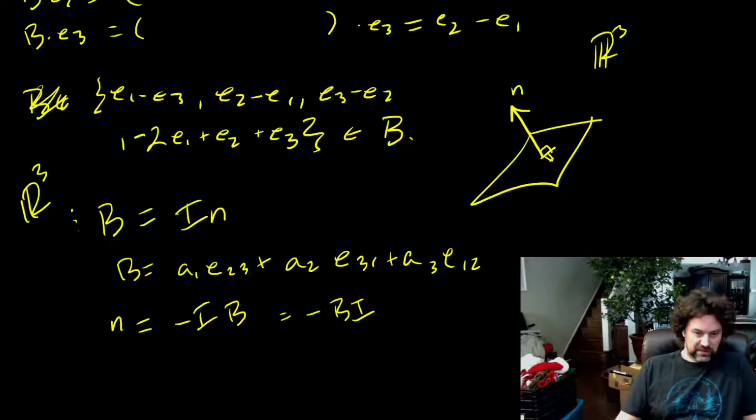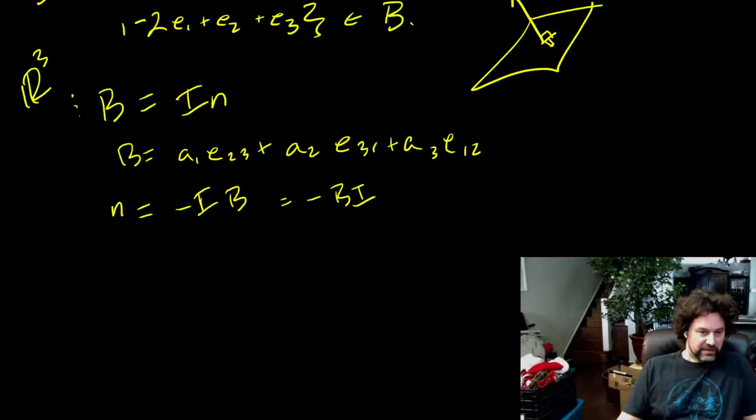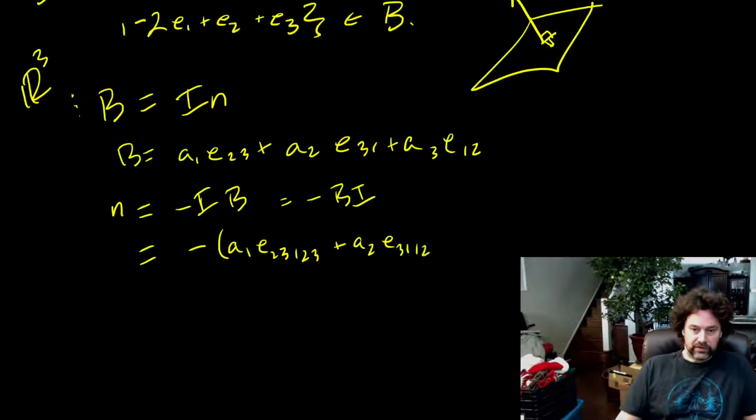The pseudoscalar I commutes with all grades in R3, so it's convenient that we can move it around if we desire. And what do we have? We have minus a1 e2,3 e1,2,3 plus a2 e3,1 e1,2,3 plus a3 e1,2 e1,2,3.